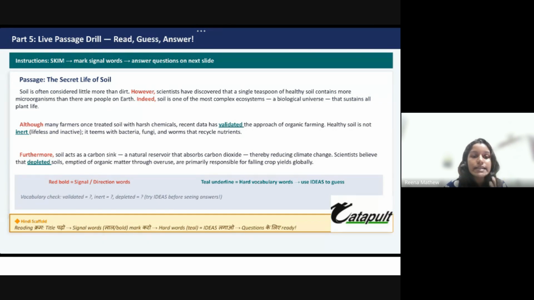Scanning is for the exact words. So if I'm asking you something specific, then you have to scan for it. Reading in detail, that is not needed. You have to skim for the main idea, okay? Not scan, skim. So what is the passage mainly about?